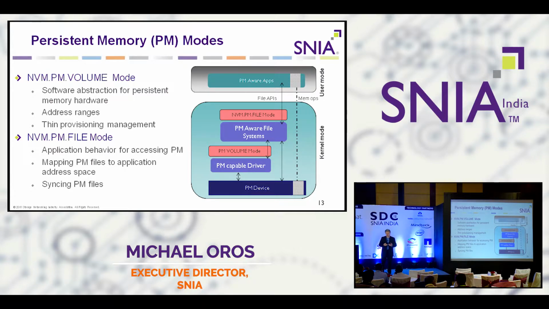From an application perspective, you're not aware that you're running on persistent memory, but you're getting the performance benefit. The NVM PM file mode is what I described on the far side of the slide, where your application is PM aware and is doing that direct mapping from the PM aware apps to the PM device directly.